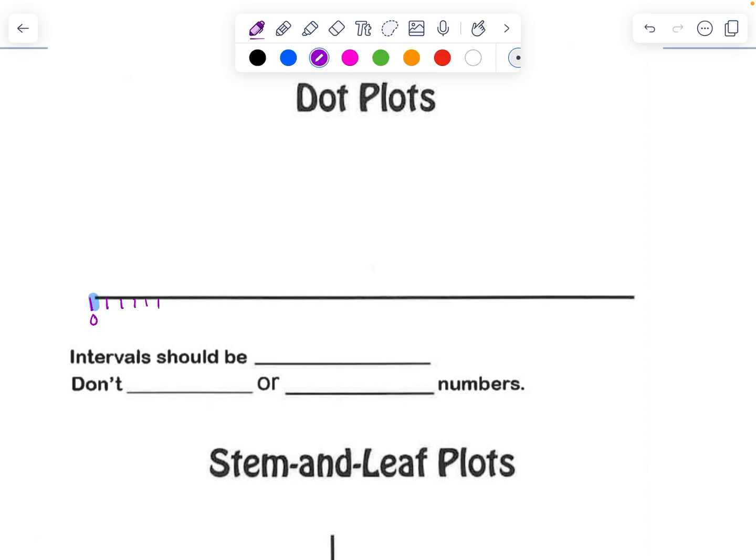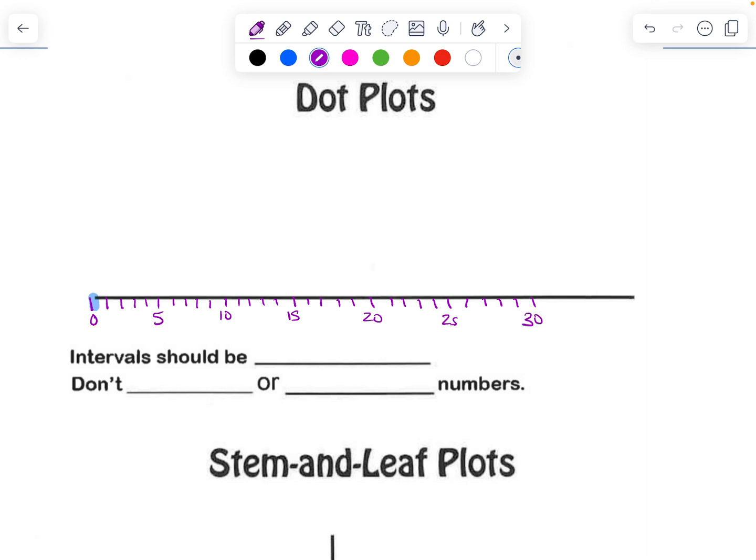So for a dot plot, we're going to be putting a dot on each piece of data. So we need to see our numbers or just remember them. So I need a dot on the 3, then on 10, and I know there's an 11. You could also do X's. I've seen it made with X's.